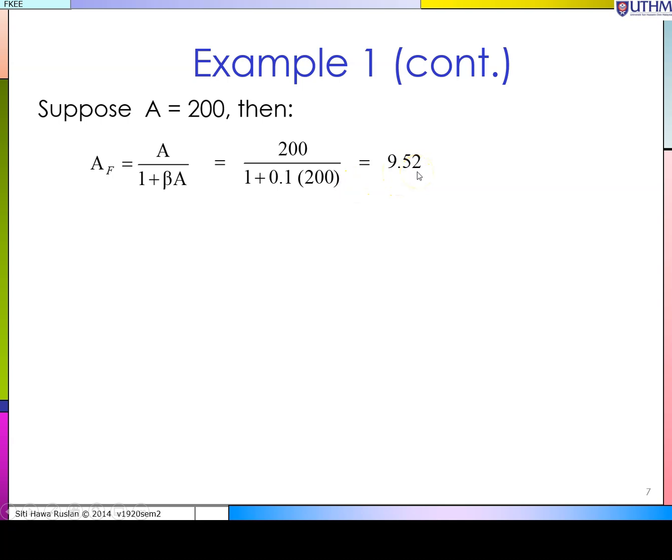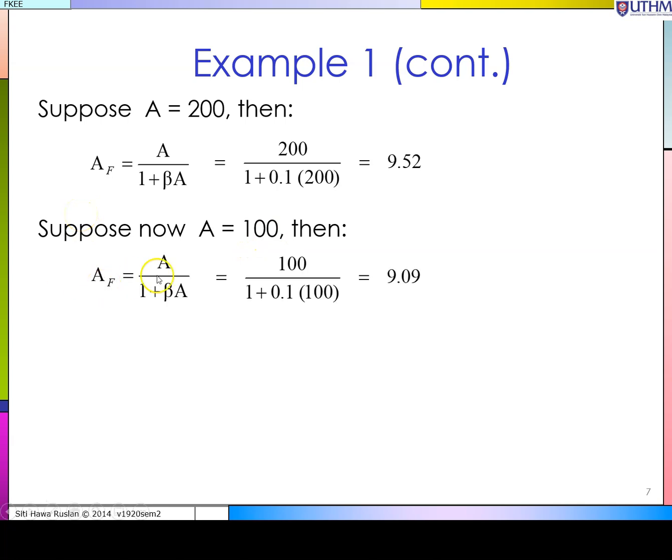Of course, the gain is reduced, which is the disadvantage of having negative feedback. But suppose that now my gain is 100. If I calculate the overall gain with feedback AF again, it is A divided by 1 plus beta A. Now A is 100 and beta is 0.1, and I get 9.09.